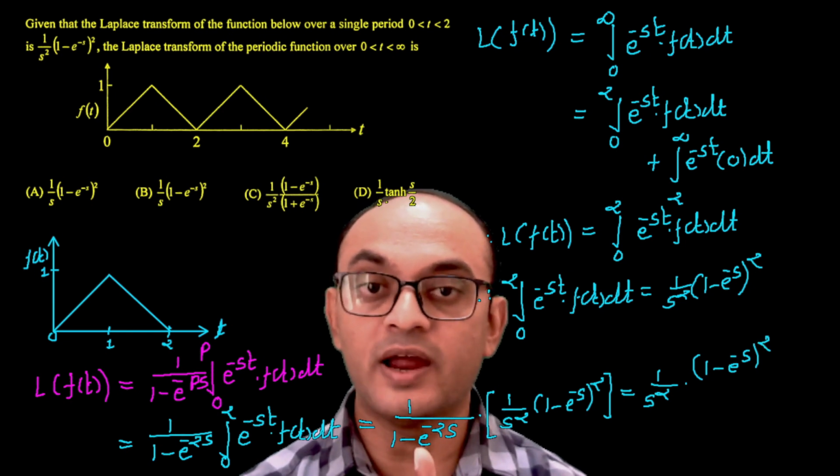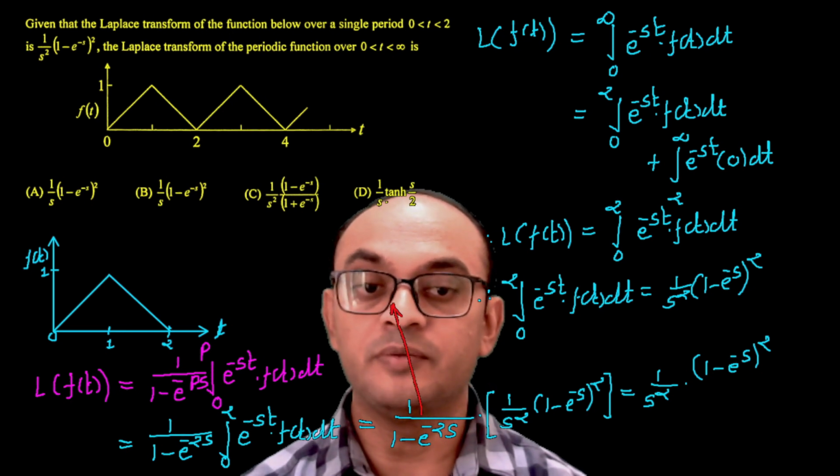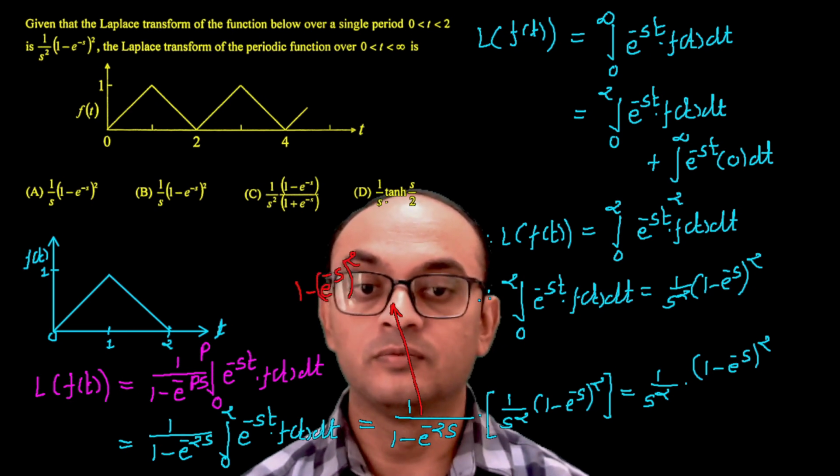Now if you look at this quantity 1 minus e raised to minus 2s, then it can be represented by this 1 square minus e raised to minus s whole square.